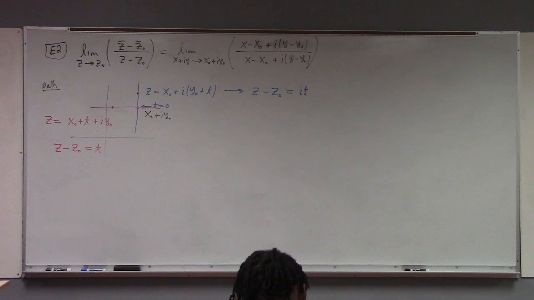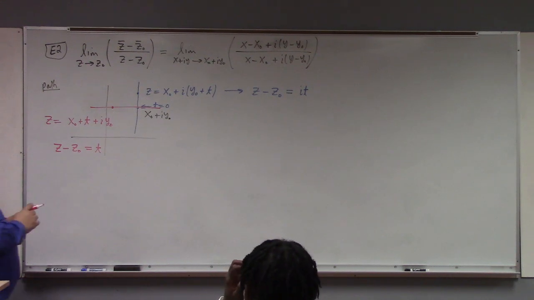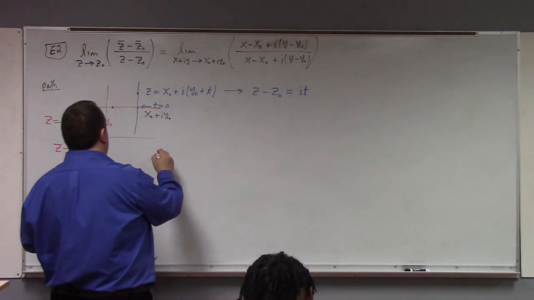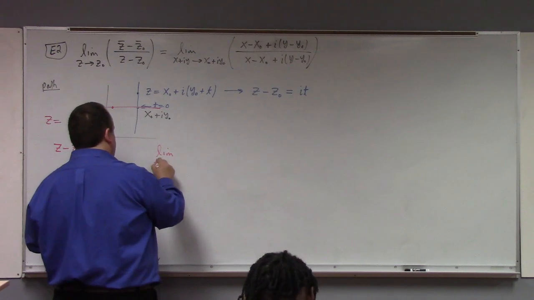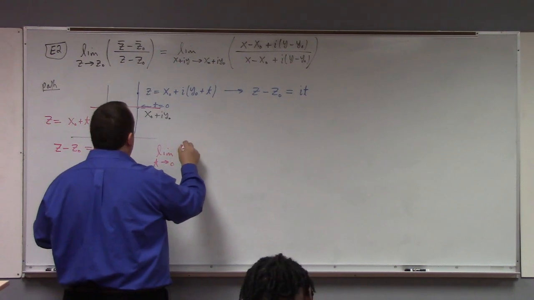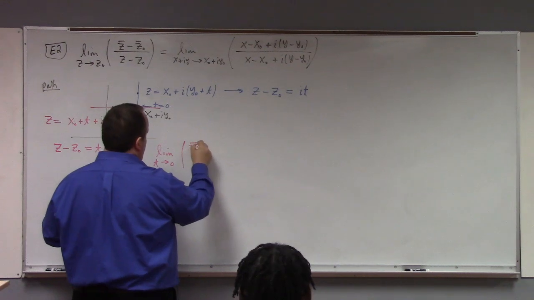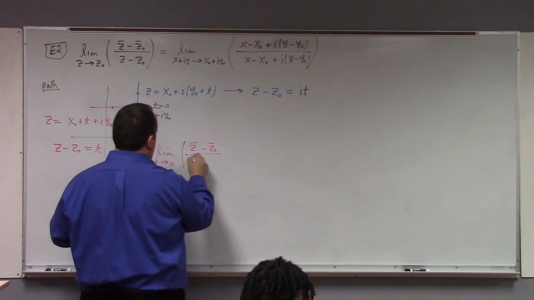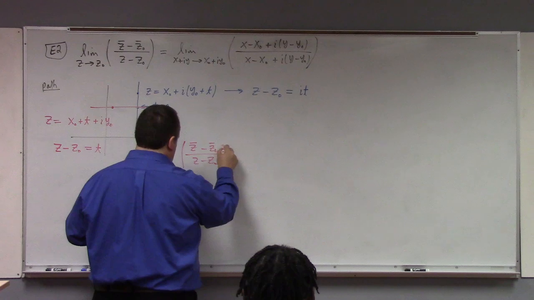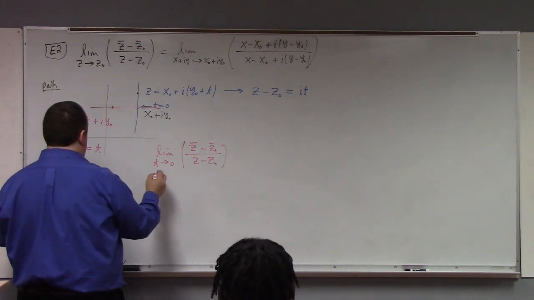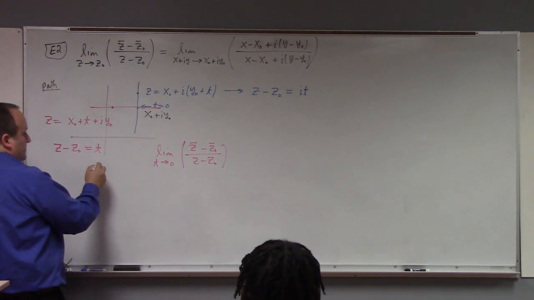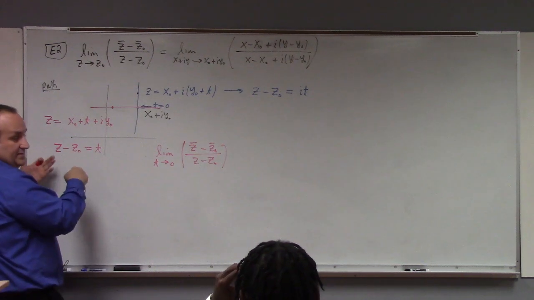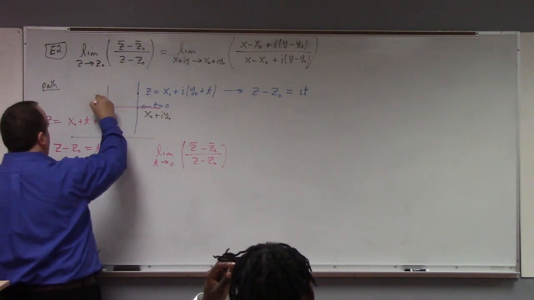See, these are both paths. So if I look at the limit as t goes to 0 of z bar minus z bar naught over z minus z naught, subject to the red path, let me give it a name. Let me call it gamma.